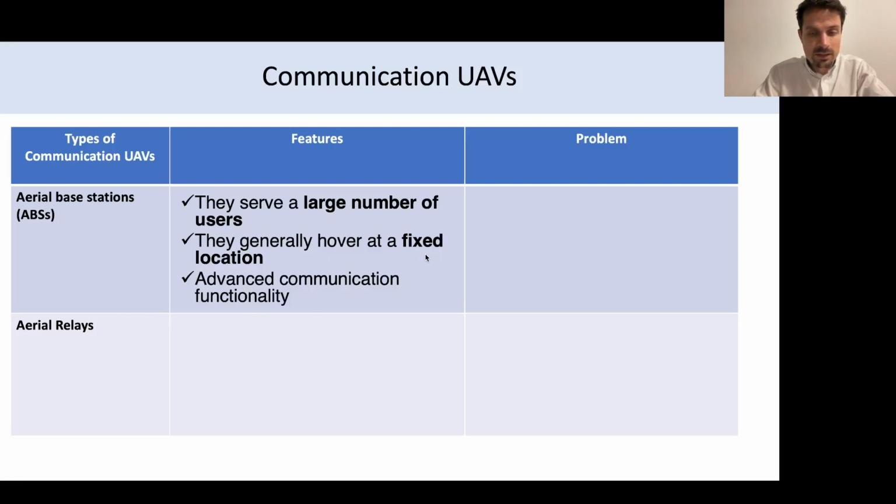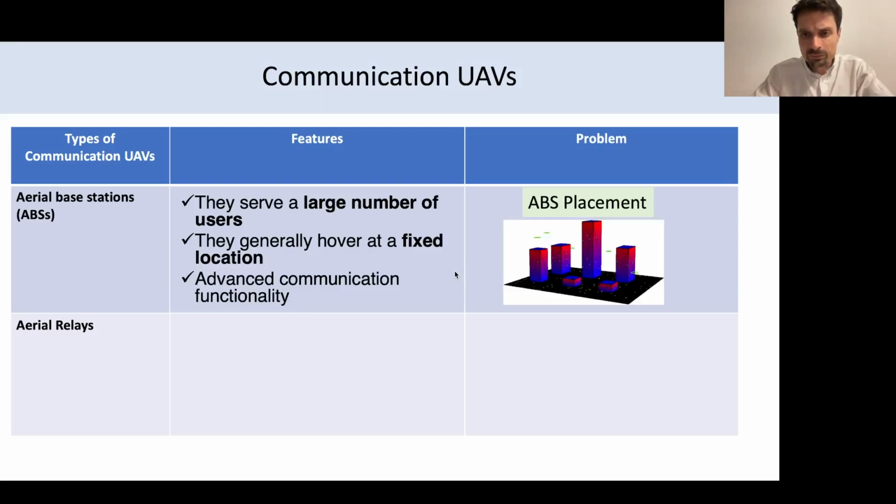Generally, they are hovering at a fixed location, right? So they don't move as the users move, and they are called base stations because they implement the functionality of a base station. So here the problem is to choose the 3D positions of multiple aerial base stations to give coverage to a certain area or a certain set of users.